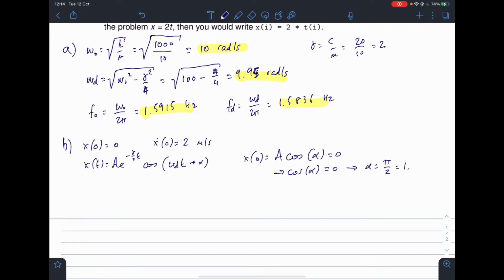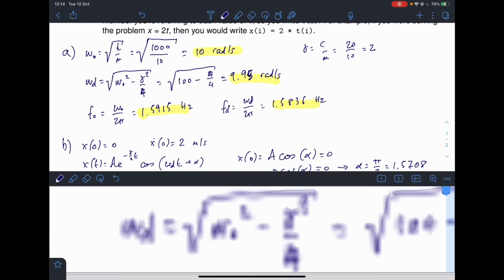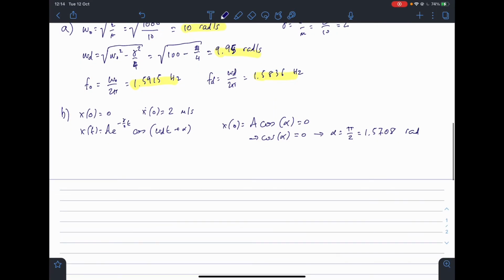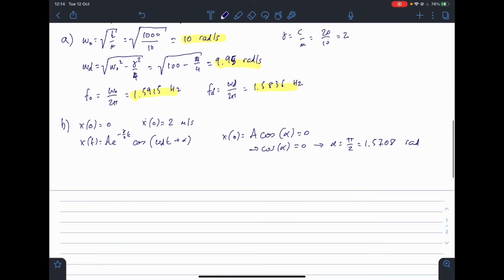If you want to write that as a decimal, 1.5708 radians. So we know alpha now. We need to work out what A is, but to do that we need an equation for x dot of t. We did that in the lecture.